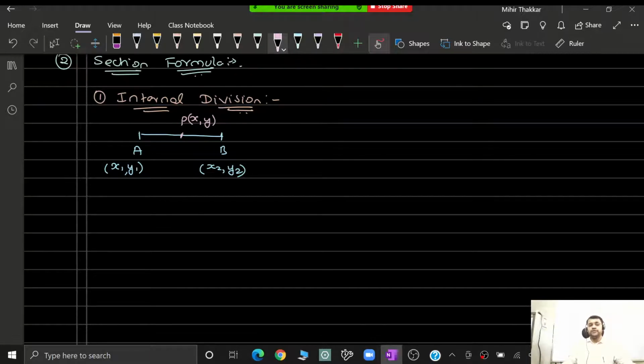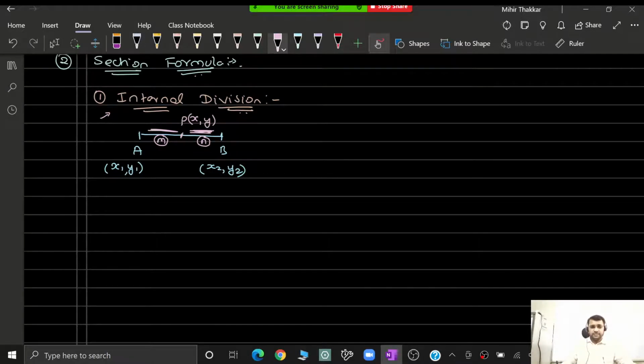Because point P is between A and B, it is representing the internal division. That is, it is dividing the segment AB internally in the ratio m is to n. This part from A to P is considered as m. This part from B to P is considered as n. Remember, B to P is considered as n. This is very important that we have to remember over here.